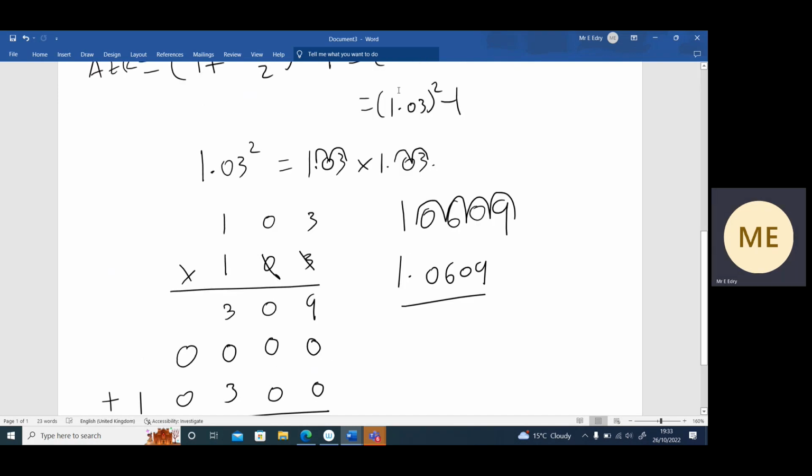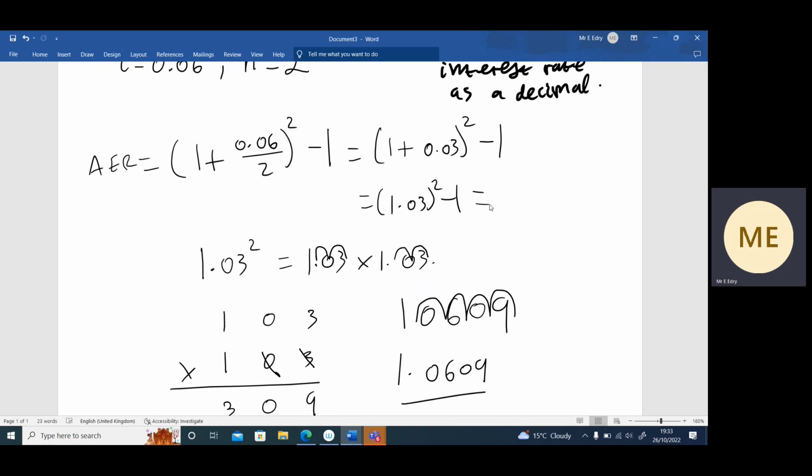So going back to what we had, 1.03 squared is 1.0609. I then have to subtract 1, which leaves me with 0.0609, which as a percentage is 6.09%. The AER of the account is 6.09%.